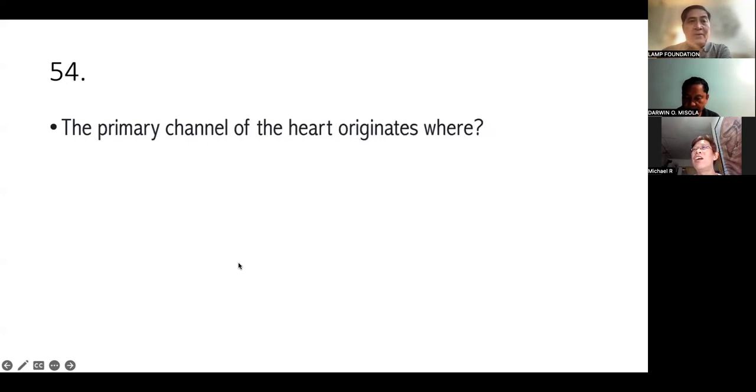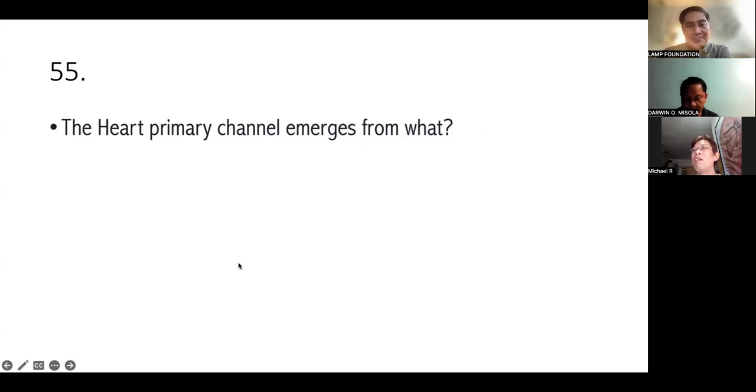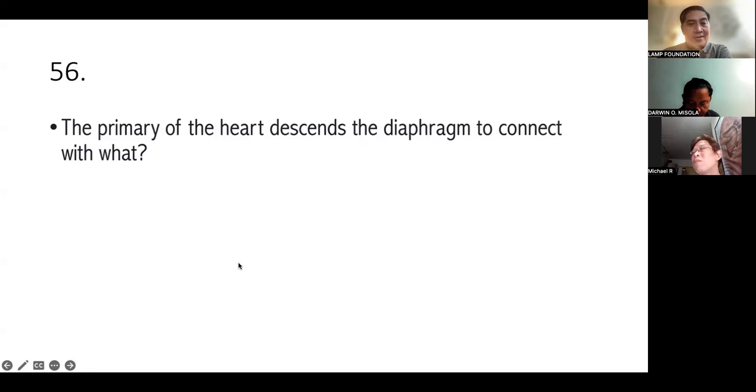Okay. The primary channel of the heart originates where? In the heart. Yes. The heart primary channel emerges from the system of the vessel, from the blood vessel surrounding the heart, and descends to the diaphragm.